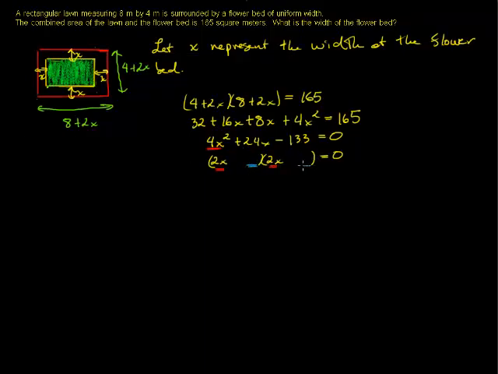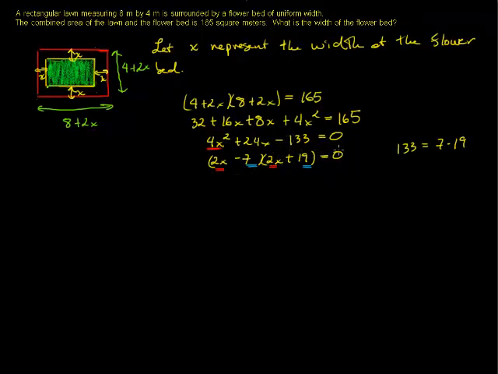The last terms have to multiply to negative 133, and the prime factors of 133 are 7 times 19. So we'll try positive 19 and minus 7, and now these two values multiply to negative 133.